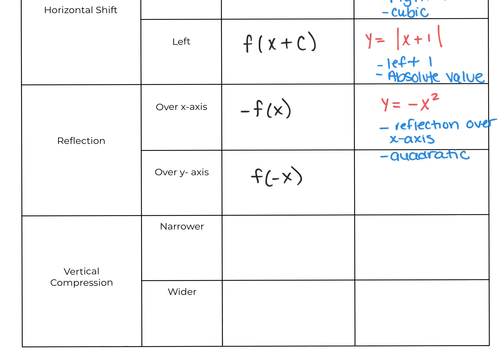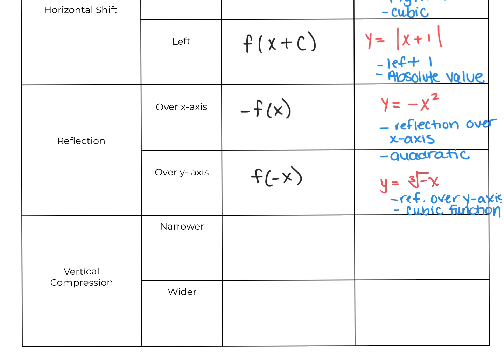So a good other example, a reflection over the y-axis, is when the negative is on the inside. With that one, you could say y equals the cube root of negative x, and that is a reflection over the y-axis because the negative is on the inside, and the basic function is a cubic function.